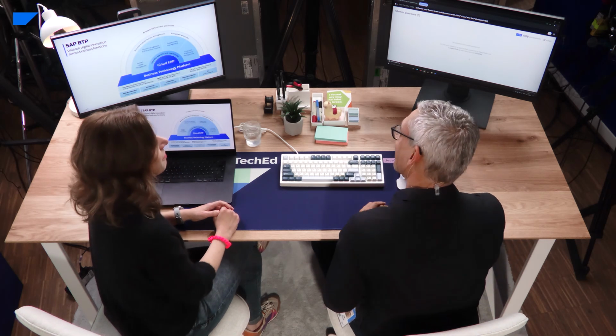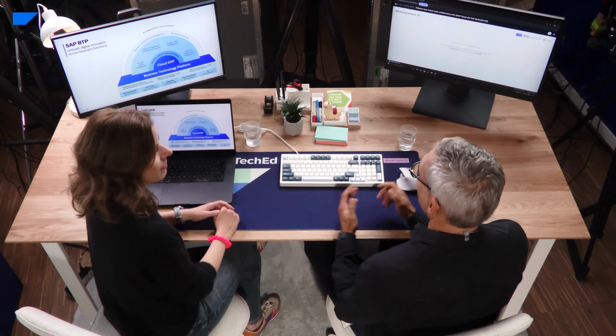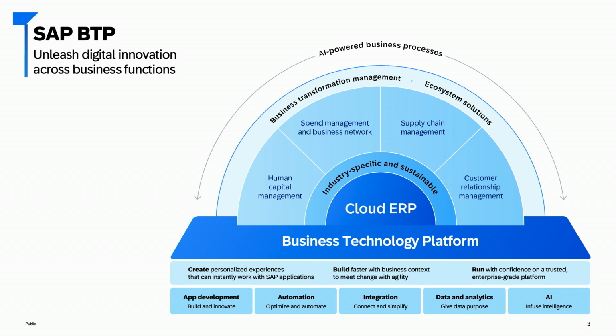Let's get right in with the first slide. This actually sets the scene for the Business Technology Platform. What is the Business Technology Platform? It's the foundation of our Cloud ERP, where all our Cloud ERP applications run, but it's also the platform where you can create your extensions.